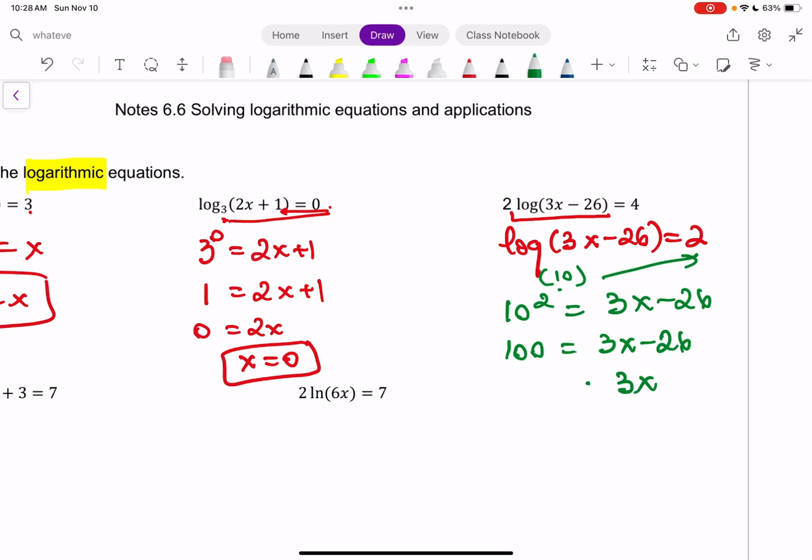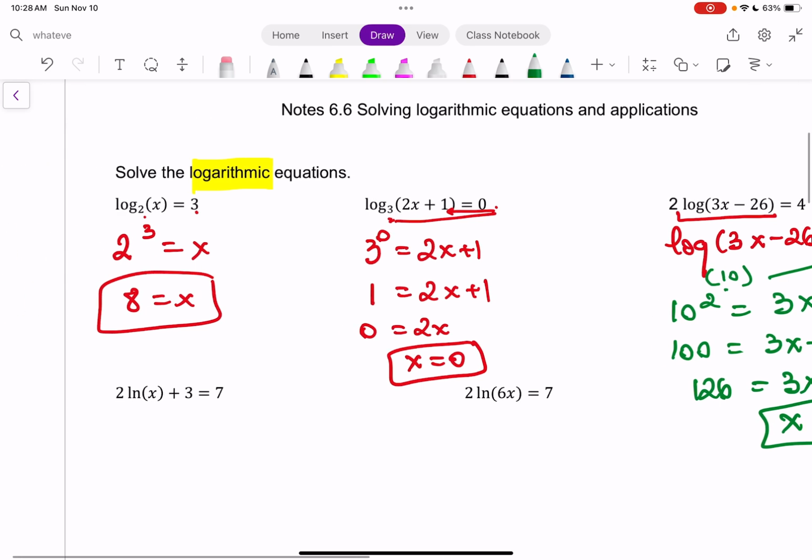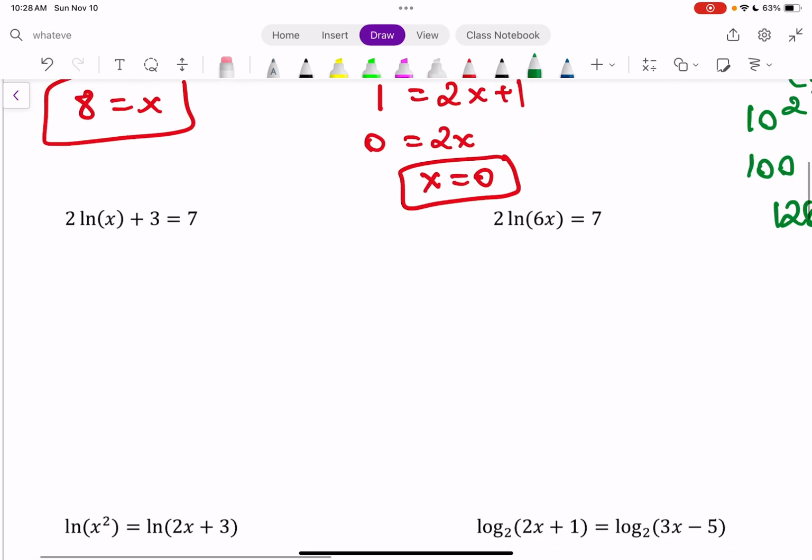Add the 26 over, and then divide by 3. So x is 42. So again, be mindful that a common log is not going to have the base written there, but we should know that means a base of 10. Same as a natural log does not have the base written there, but we all know that base is e.